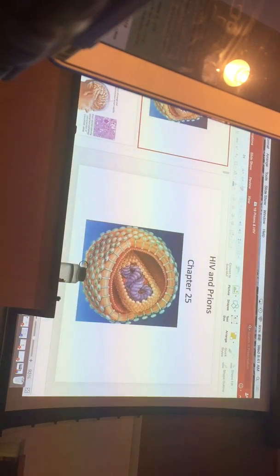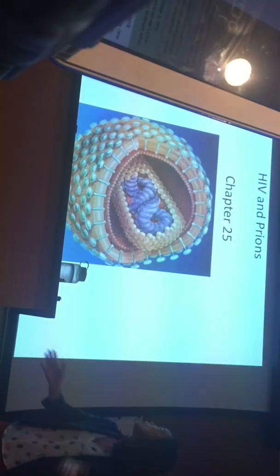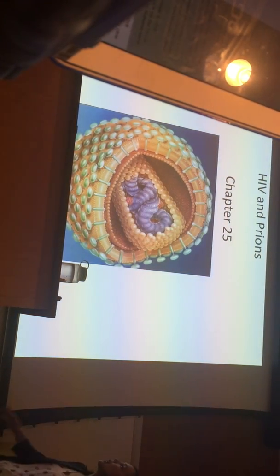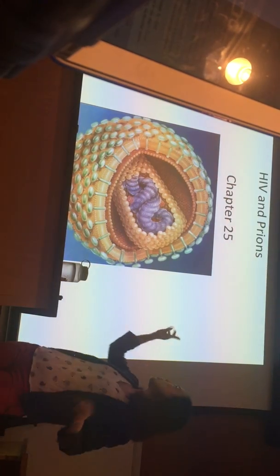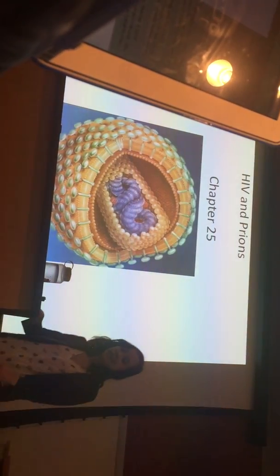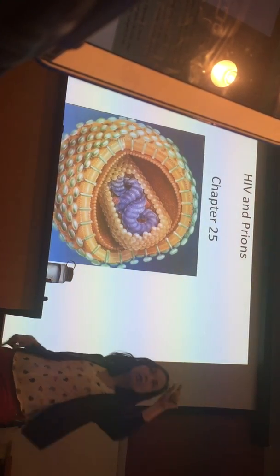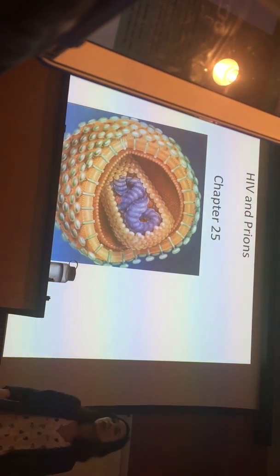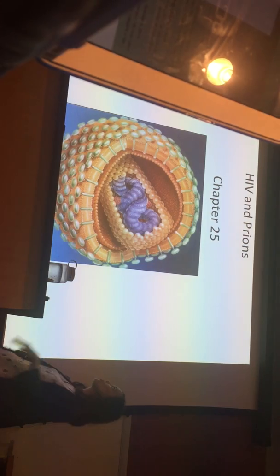Okay. So we're just going to start this section, and this section is only dedicated to HIV and prions. On your syllabus it says chapter 25, but it is not the entire chapter. So it's literally like the first section only of 25, so we're not covering the whole chapter.